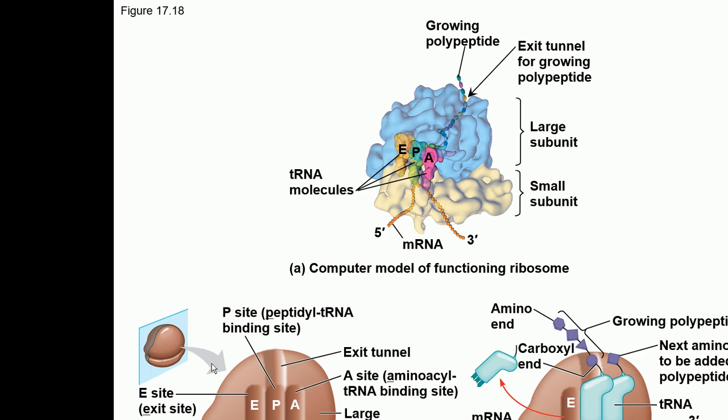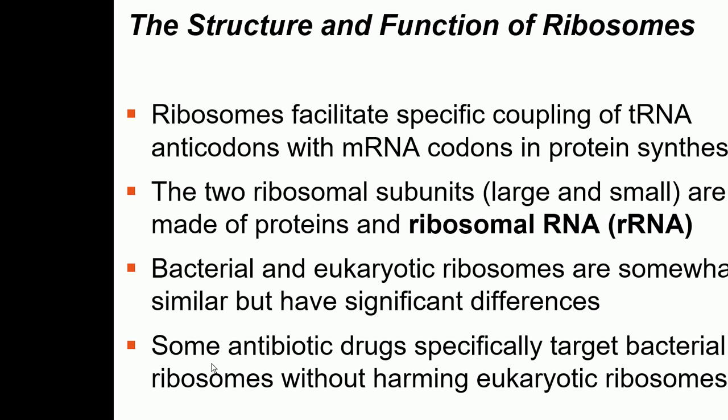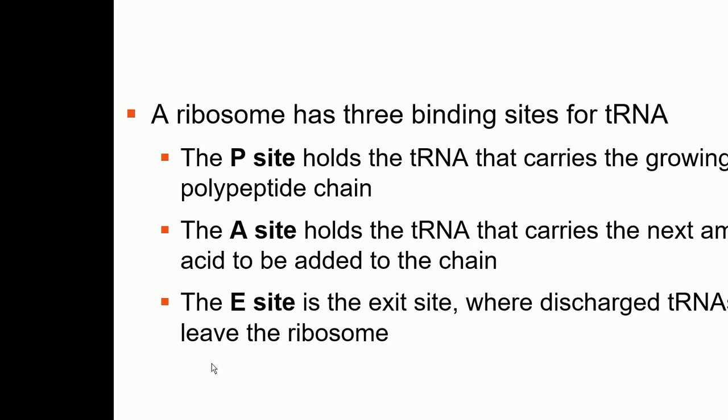The E site is the exit site. The A site is where the new transfer RNA enters. The P site is where the transfer RNA carrying the growing polypeptide chain sits. This is the basic structure of the ribosome you need to know.